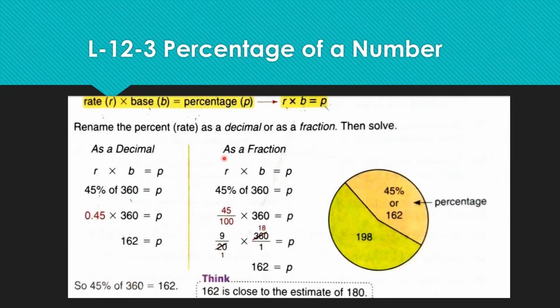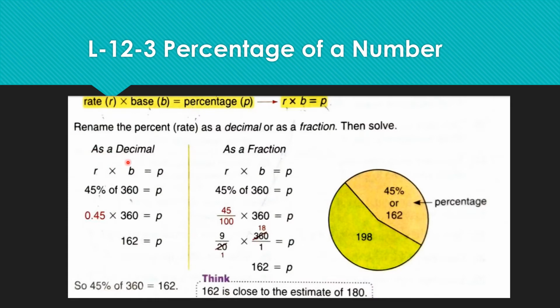You can see, find the percentage of a number. One formula in your book is given: rate multiplied by base is equal to the percentage. It is called R into B is equal to P. Then you can see two methods are given. If the percentage is given, convert it into a decimal or a fraction, for example 45 by 100.